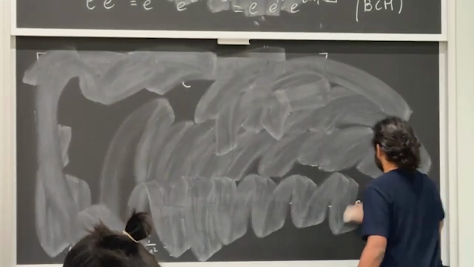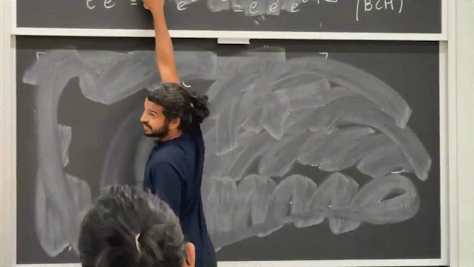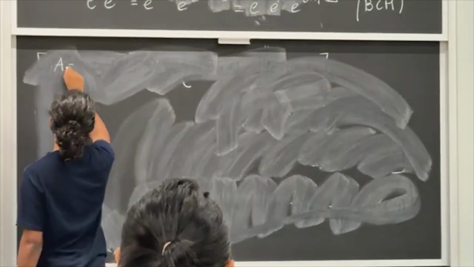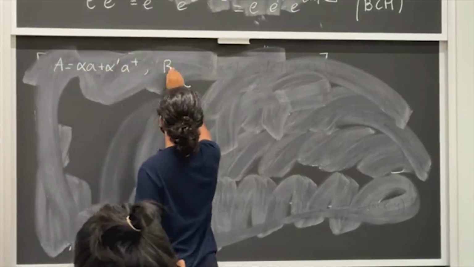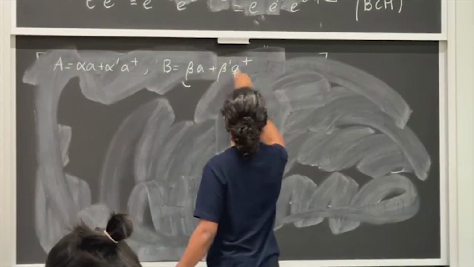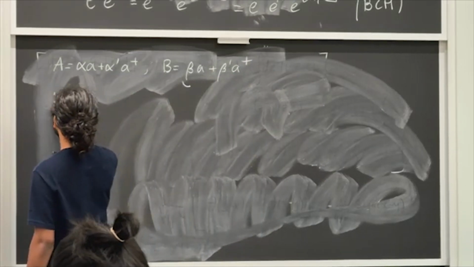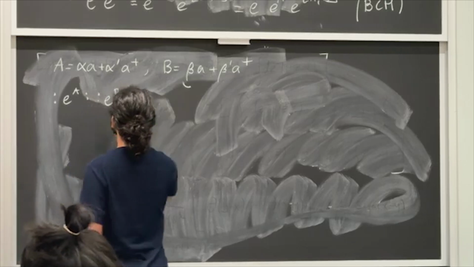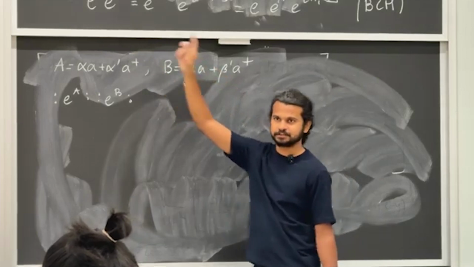And then let's do a simple example that's akin to this to get a feel for it. So let's take, for example, A equal to alpha A plus alpha prime A dagger, B equal to beta A plus beta prime A dagger. Then we are trying to evaluate normal ordered e to the A normal ordered e to the B. The BCH is not for normal ordered, it's just for a product.